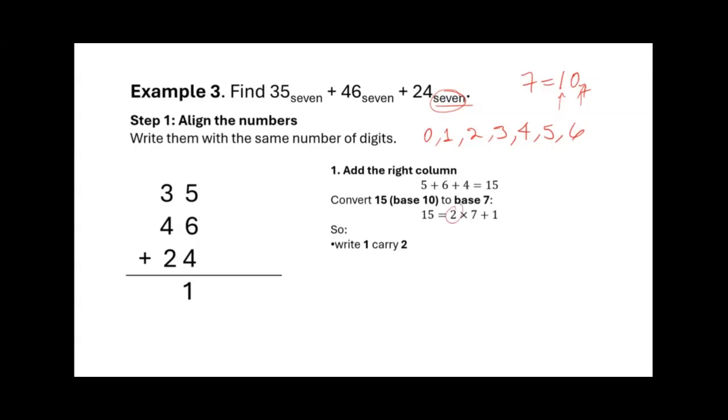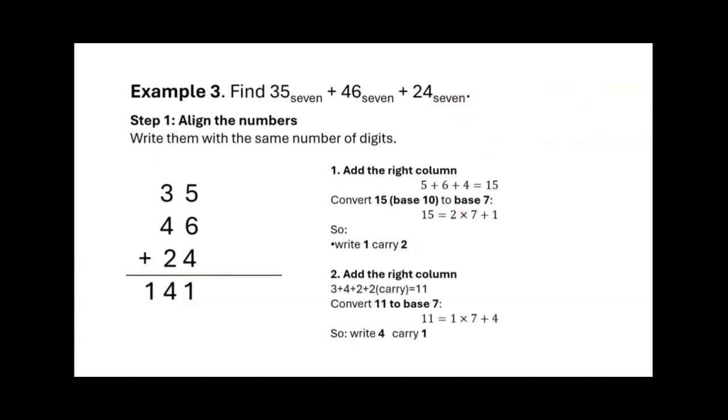Twice, and then there's a remainder of 1. That implies that 15 in base 7 is actually 2, 1, because I need 2 sevens and 1 one. So I write down the 1, and then I carry the 2 onto the next column.